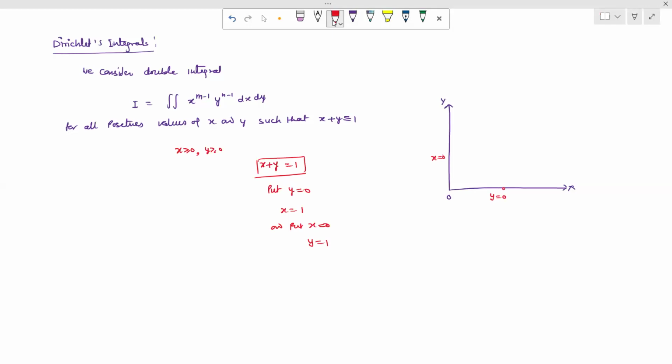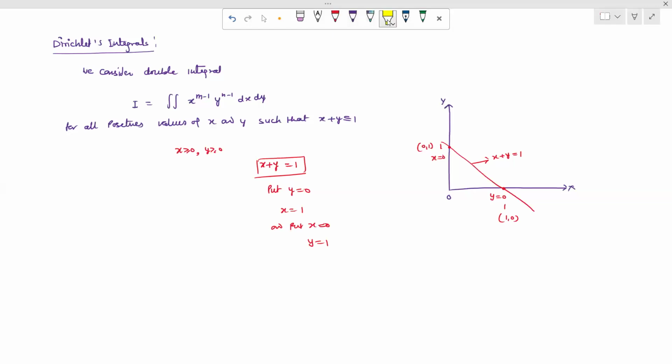So here we have 2 points. On the x-axis we have 1, and on the y-axis we also have 1. So these coordinates are 1 comma 0, and the coordinate of this is 0 comma 1. So when we join these 2 points, this will be the line which gives us x plus y equal to 1.